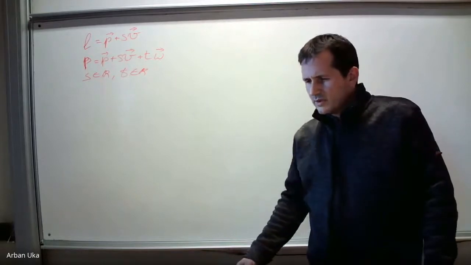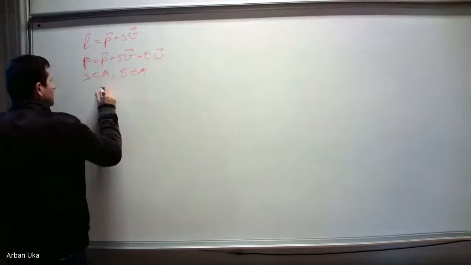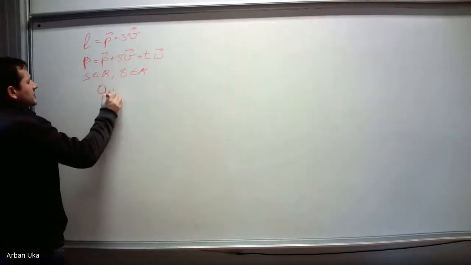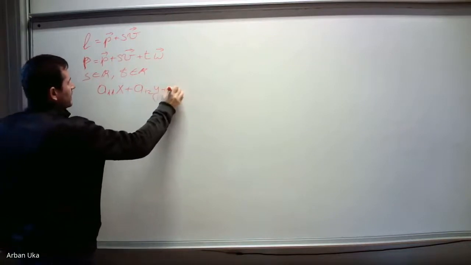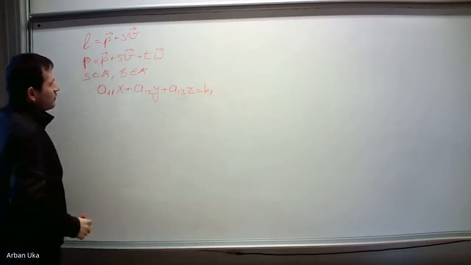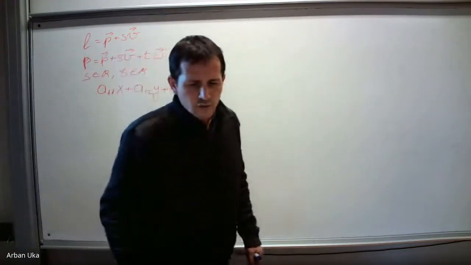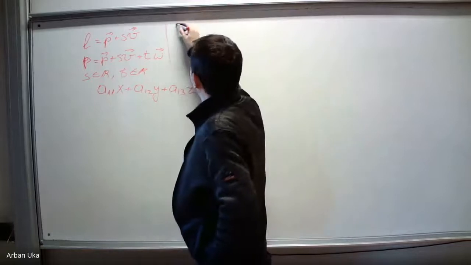Now, in general, we can define an equation that looks like this: a11x plus a12y plus a13z is equal to b1. What does this equation belong to? It's a plane equation.